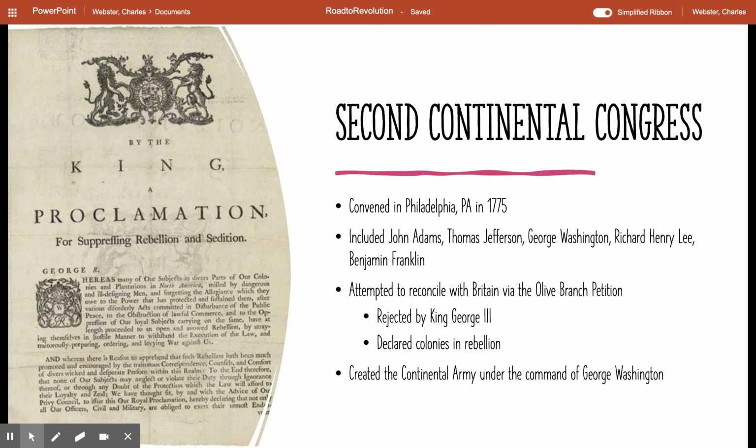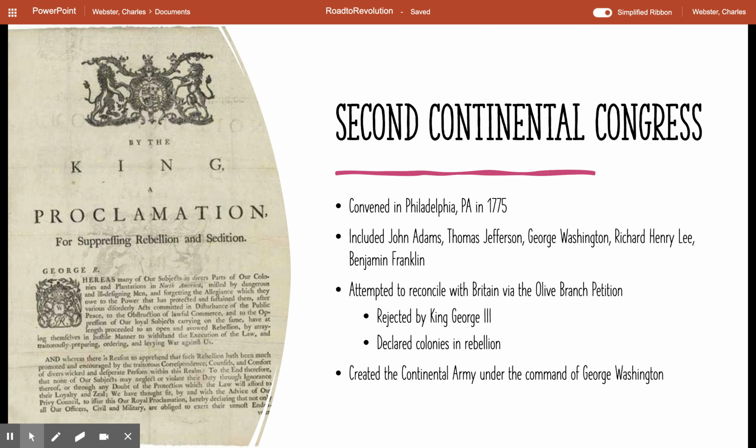So the Second Continental Congress met in Philadelphia, Pennsylvania in 1775, and it was meeting before the Battle of Lexington and Concord. Then after the Battle of Lexington and Concord, many prominent leaders like John Adams, Thomas Jefferson, George Washington, Richard Henry Lee, Benjamin Franklin, they were all there to discuss what to do now.